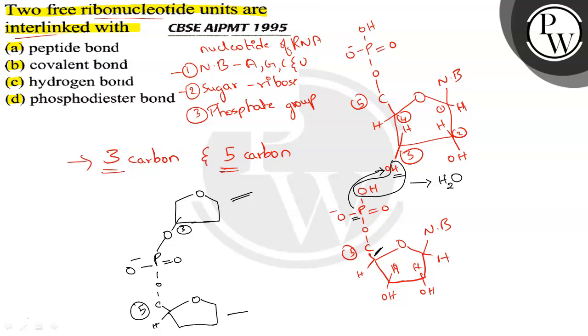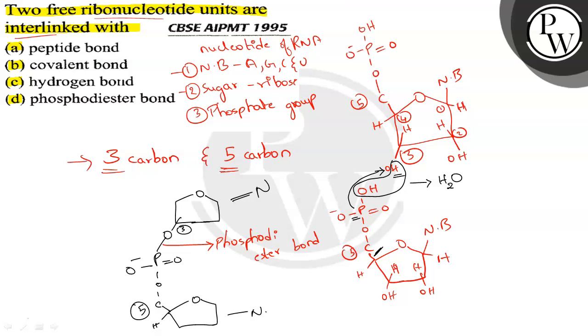So this is one nucleotide and this is another nucleotide, and these two are attached with a bond called phosphodiester bond, because we have a phosphate group with two esters. So it is a phosphodiester bond.